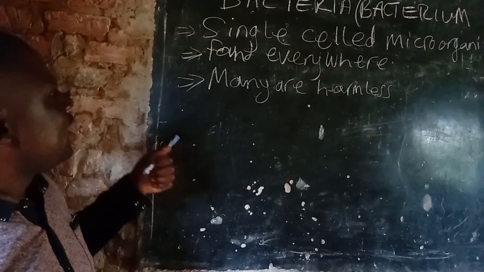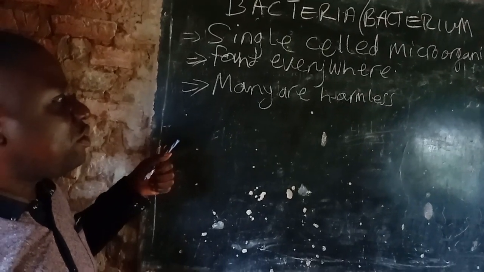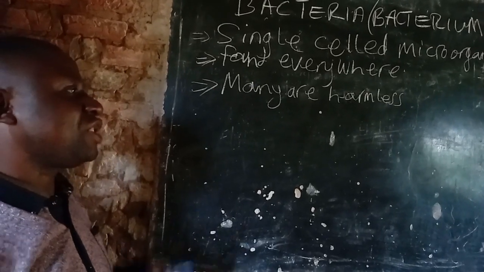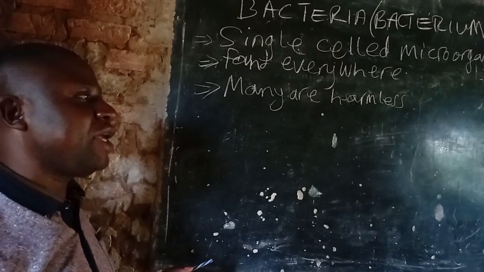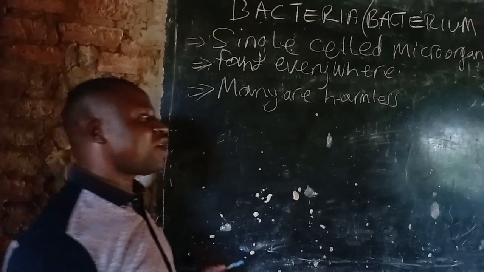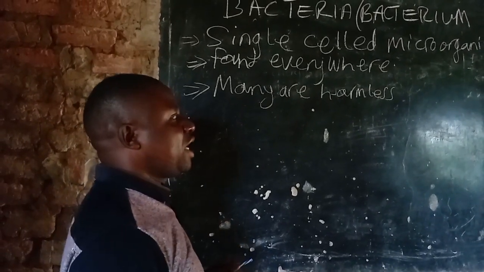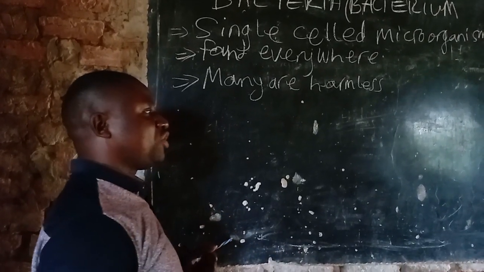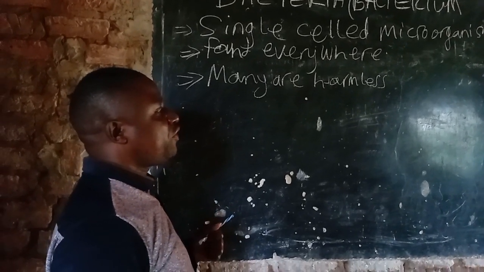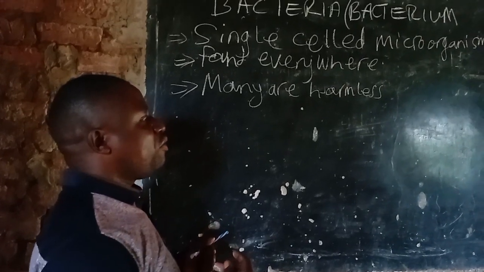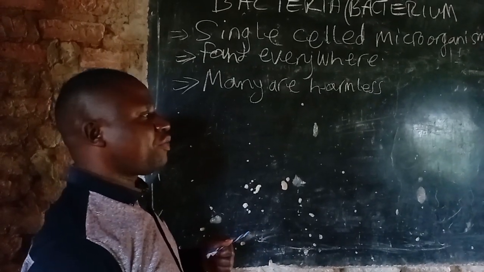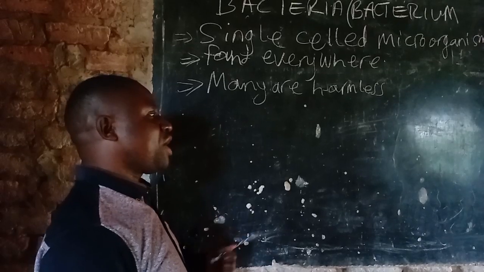Other bacteria live on our body or in our body, some on the skin, some inside, like Escherichia coli, which lives in the gut and helps us in digestion. These normal flora are called your microbiome because they don't do any harm to us.